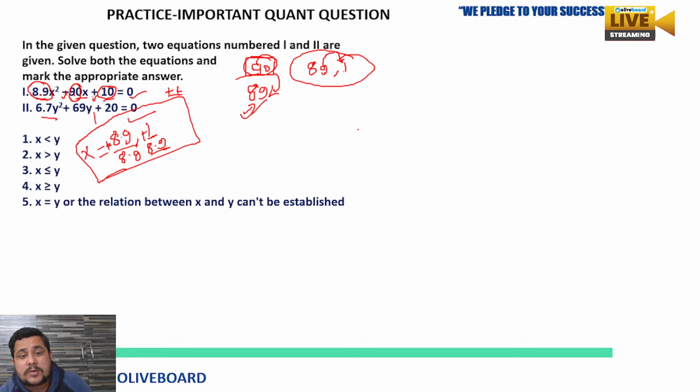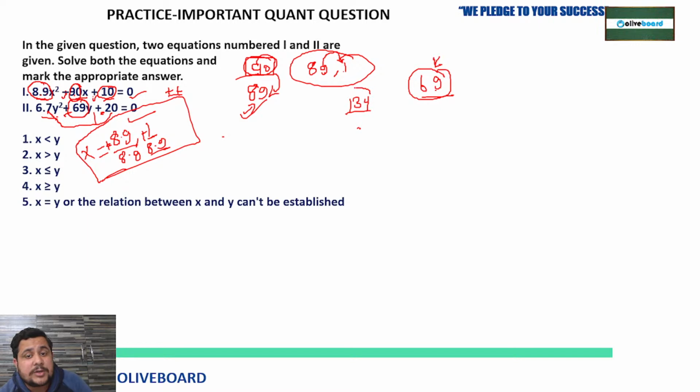Now the second equation is 6.7 y square plus 69y plus 20. So 20 multiplied by 6.7 gives 134 as the product, and the signs are plus and plus. So break 69 into two parts: by addition you must get 69, and by multiplication you must get 134.